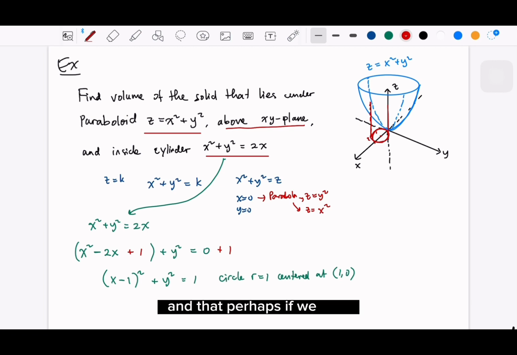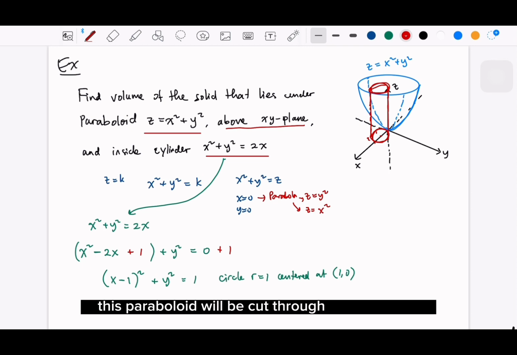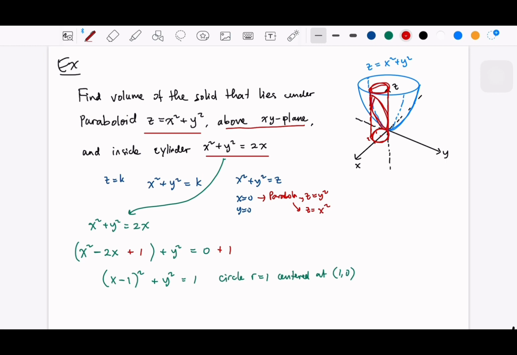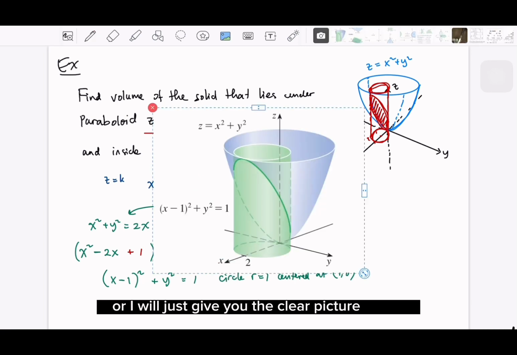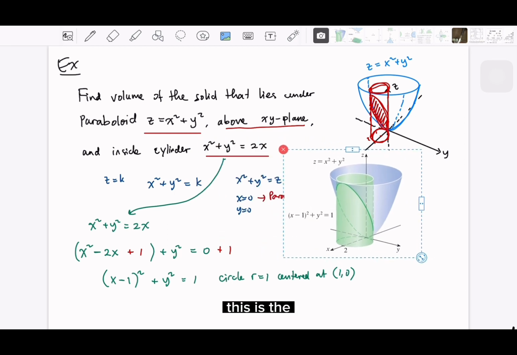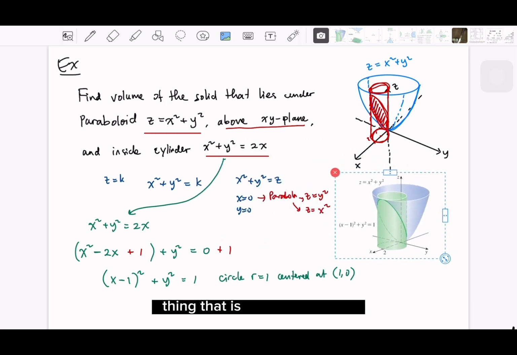And then perhaps if we take it getting through the paraboloid, we have another circle here that is parallel to the circle below. So if you imagine, the paraboloid will be cut through from this side. Okay, if you can imagine. Or I will just give you the clear picture of what is going to happen.